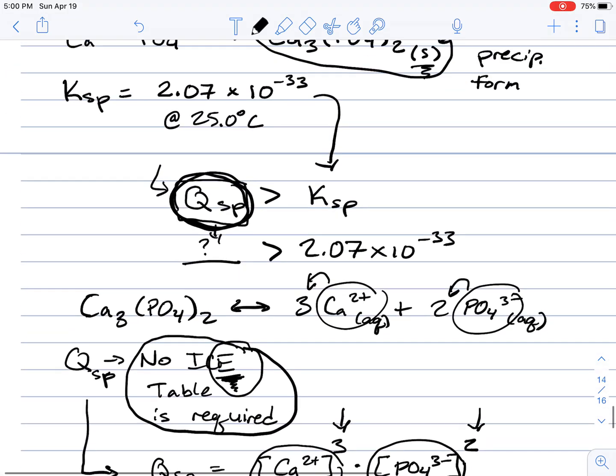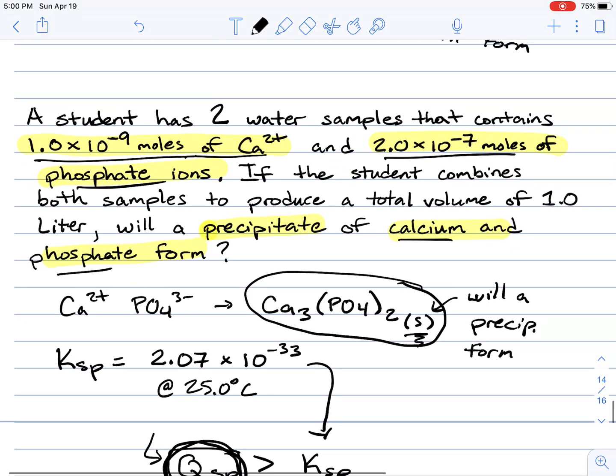All right, so if I look at the problem, it didn't give me molar concentrations, it gave me moles. And so I have that many moles of calcium and 2.0 times 10 to the negative 7 moles of phosphate. If you read on in the problem, it says that we have a total volume of 1 liter.